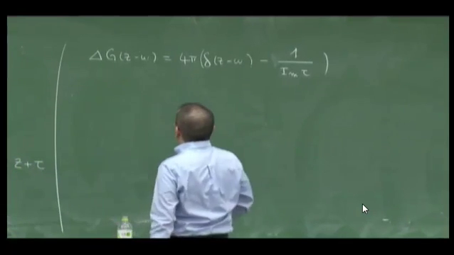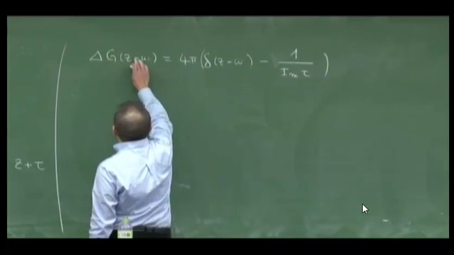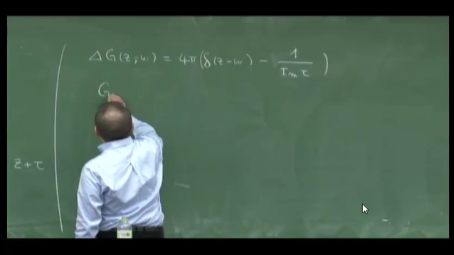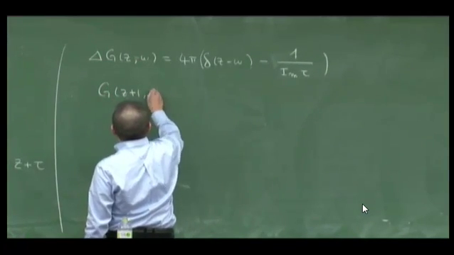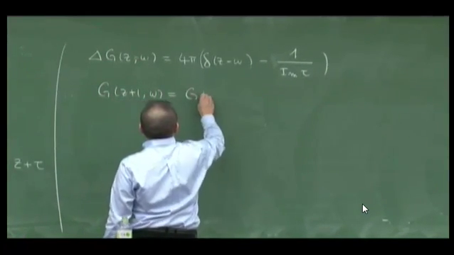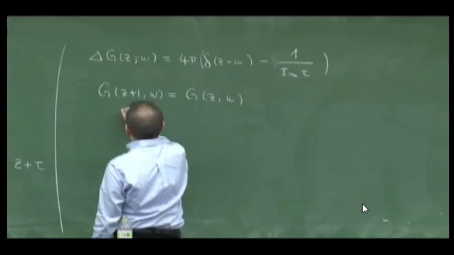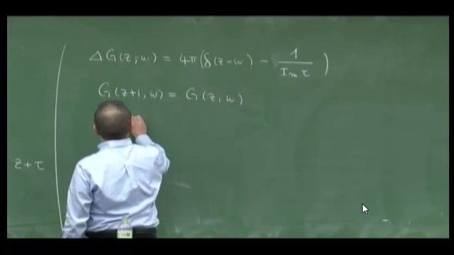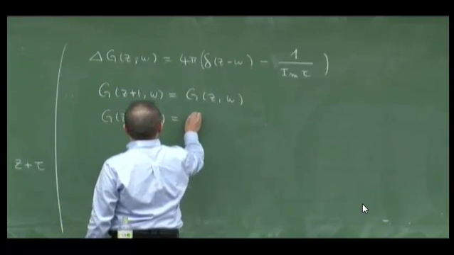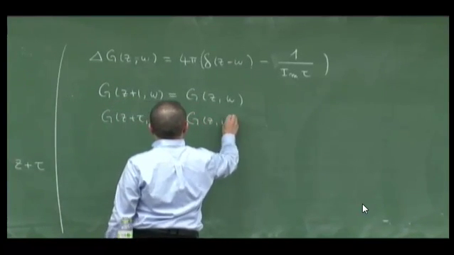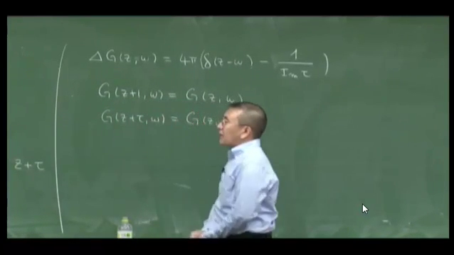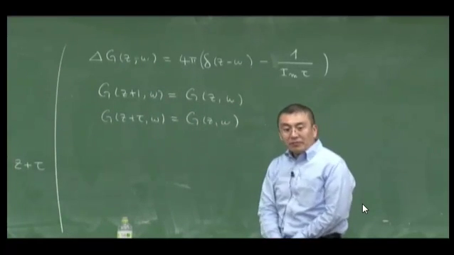So now what we need is a solution to this equation with the following property, that it is periodic in both directions. Not only in one direction, but also in the tau direction.